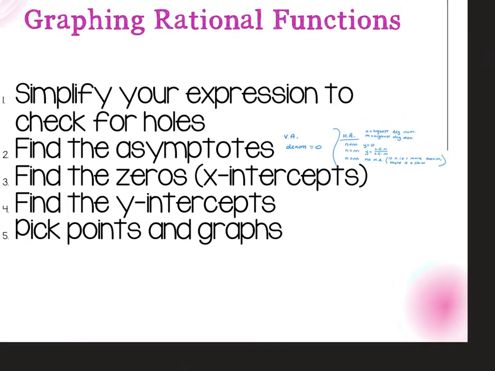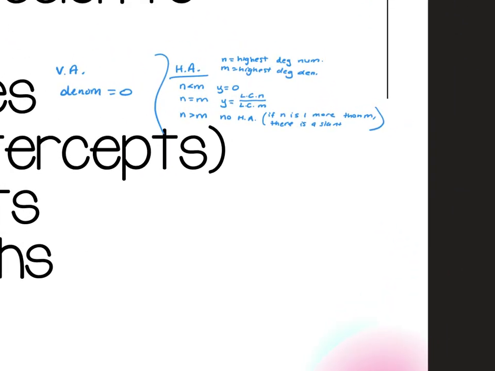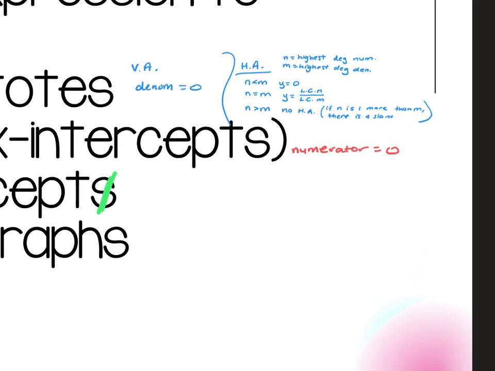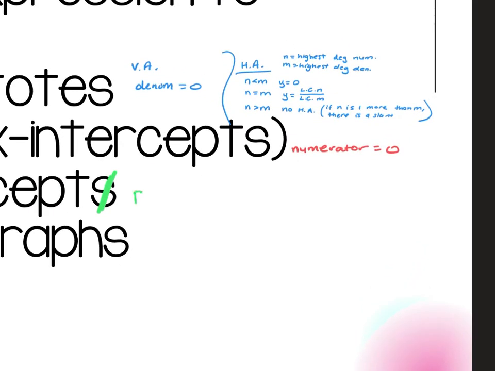Then we find the zeros by setting the numerator equal to 0. Then we find the y-intercept, and there really should just be 1, by plugging in 0 for x.